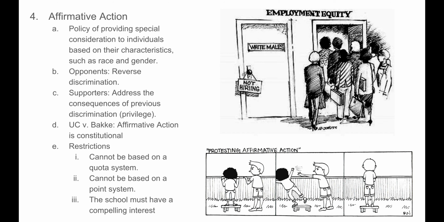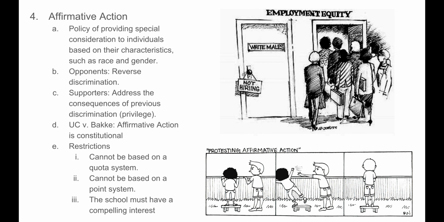Berkeley was using a system of affirmative action that used a quota system, so he was eliminated from UC Berkeley's acceptance because of this, and the courts actually ruled against UC Berkeley in this situation, but did affirm that affirmative action is constitutional, just not through the quota system. So there are a few restrictions here for affirmative action when it's being applied. It can't be based on a quota system.